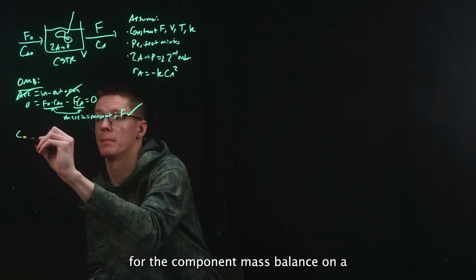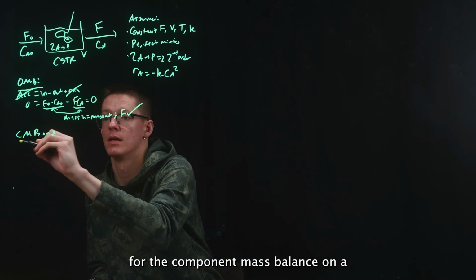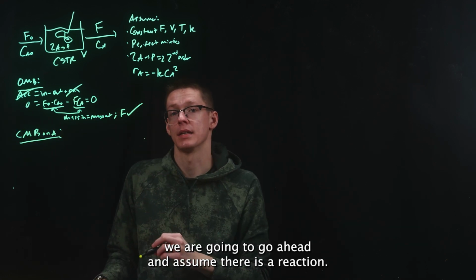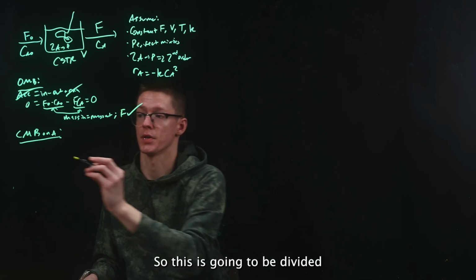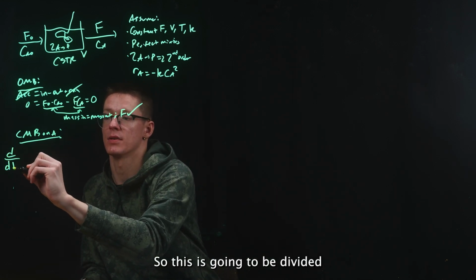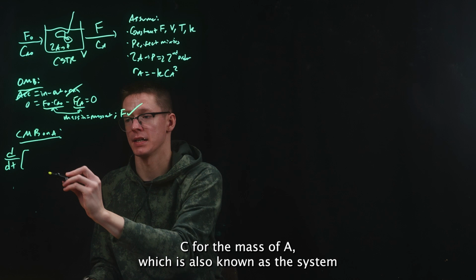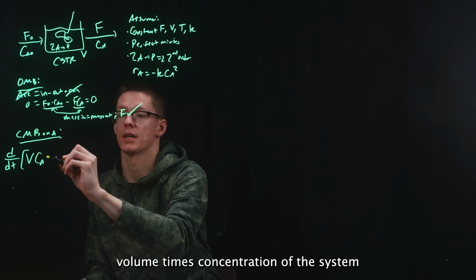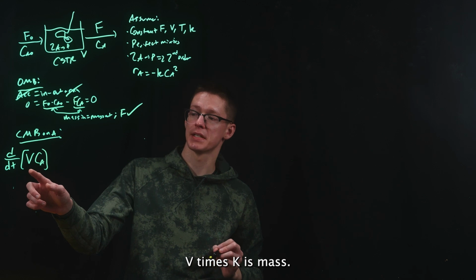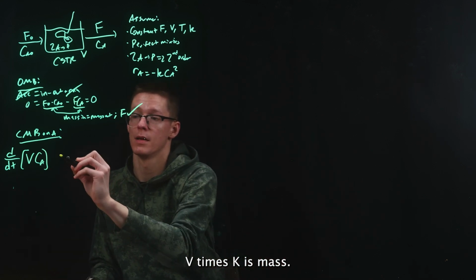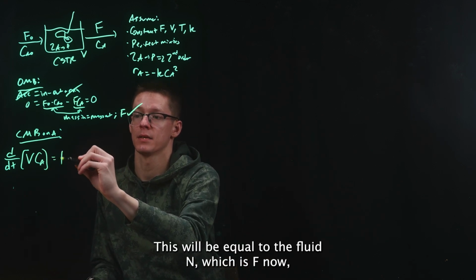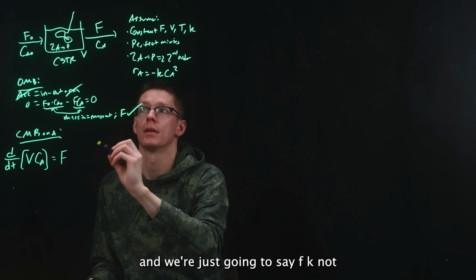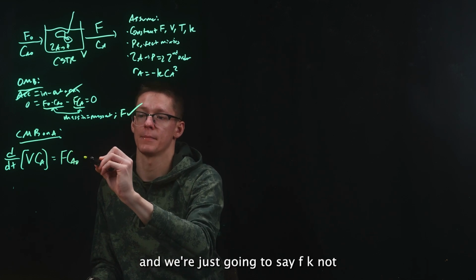For the component mass balance on A, we are going to go ahead and assume there is a reaction. So this is going to be d over dt for the mass of A, which is also known as the system volume times concentration of the system. V times Ca is mass. This will be equal to the fluid in, which is F now, and we're just going to say F Ca naught.